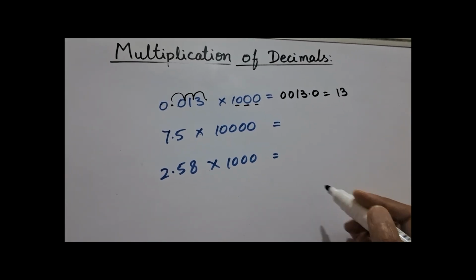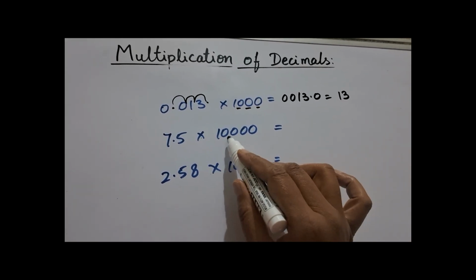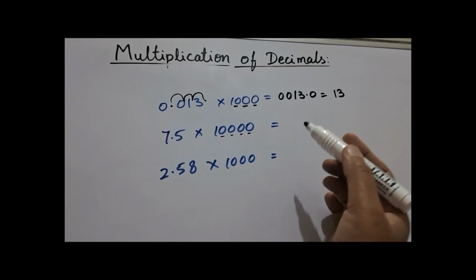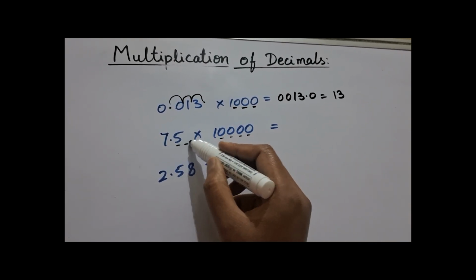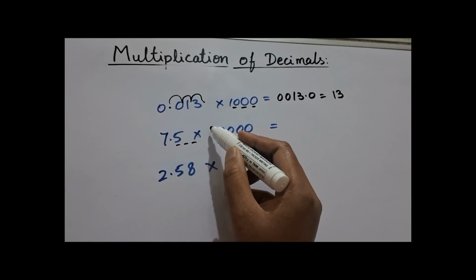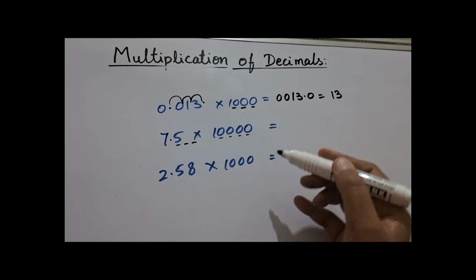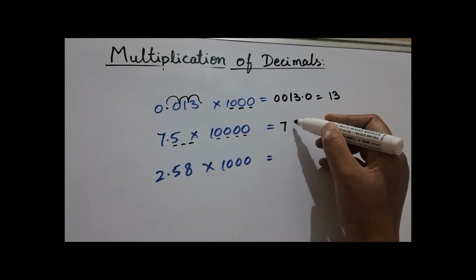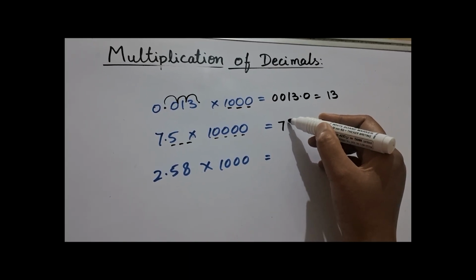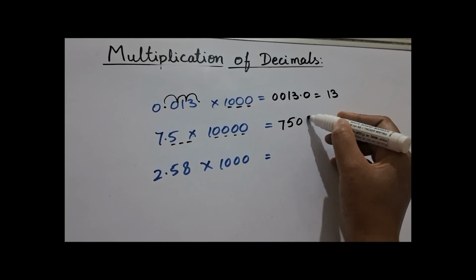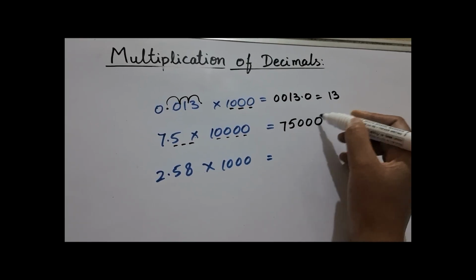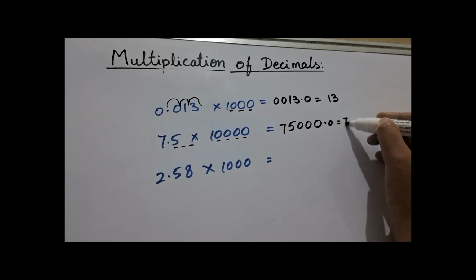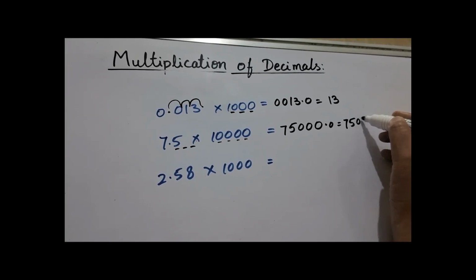Next, 7.5 into 10,000. It is having 4 zeros. 4 zeros means the decimal point will cross 4 places and come to the right side. That means 7 and it is crossing 5, 1, 2, 3, 4. 4 places and here comes the decimal point, which can also be written as 75,000.